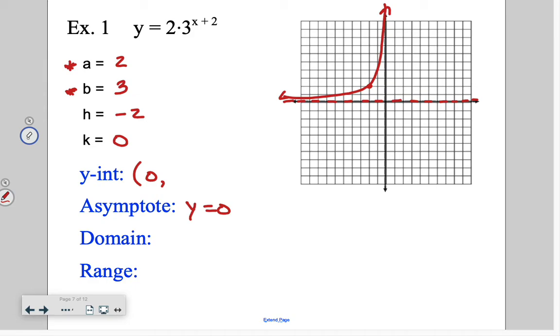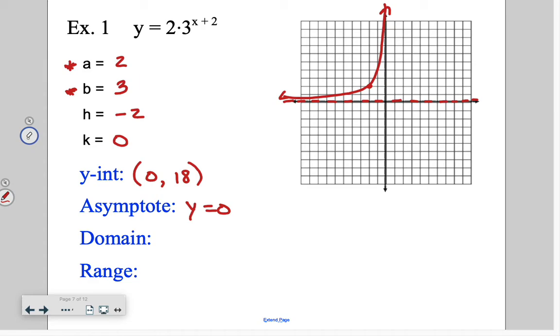When you're evaluating order of operations, we do not do 2 times 3 first and then raise it to the exponent. Exponents come first in order of operations. Then we do the multiplication second. So in this case, I'd have 2 as a power. Well, 3 squared is 9 times the 2 gives you 18. My y-intercept is 18 in this case.